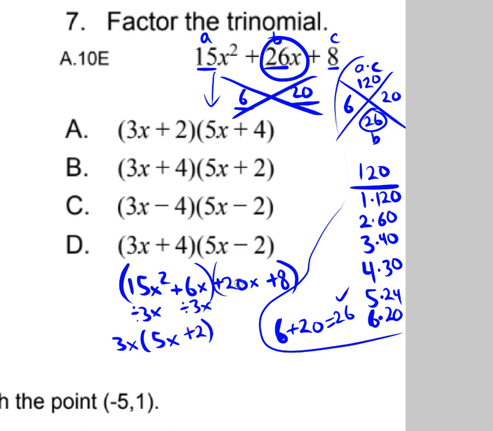And then I want to get 5x plus 2 again. Hopefully you realize that you can take 20x and divide it by 4. So I'm going to add 4 here, and if I divide both of these by 4, I get 5x plus 2. So I now have 3x times 5x plus 2 plus 4 times 5x plus 2.